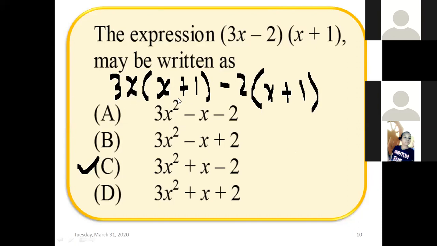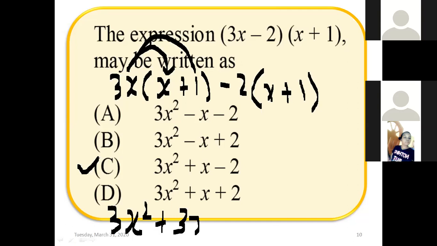I don't have enough space to really work it out here, but let me just discuss it. 3x times x will give you 3x squared. 3x times 1 will give you 3x.